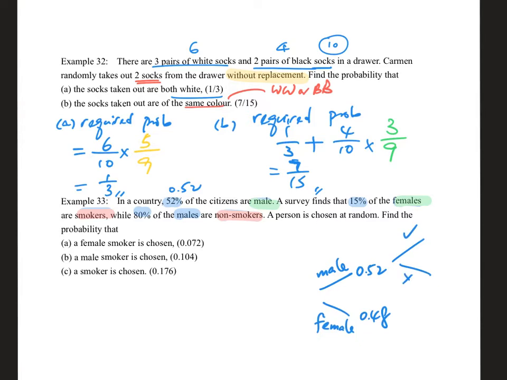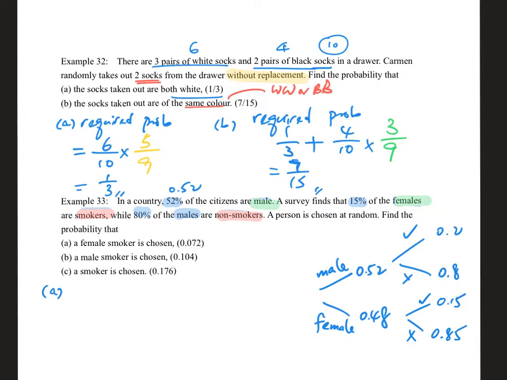Male non-smoker is 0.8, that means smoking is 0.2. Female smoker is 0.15, that means the opposite, 0.85 for non-smoking. So it clearly indicates every piece of information in a simple tree diagram. So to repeat, bear in mind that when you have two categories to consider in probability, do try to draw a tree diagram to visualize the question.